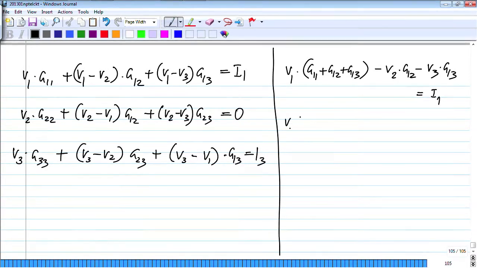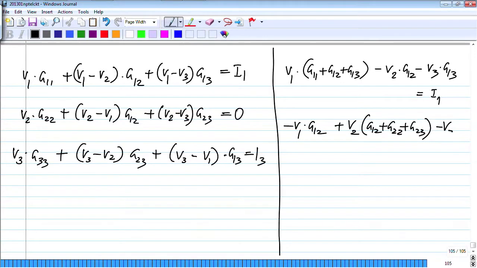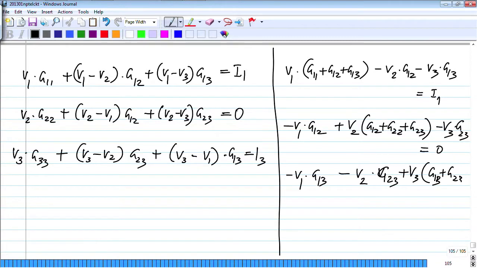Then V2, here I will again write the variables in the same order, minus V1 times G12 plus V2 times G12 plus G22 plus G23 minus V3 times G23 equals 0, and finally for the last one, minus V1 G13 minus V2 G23 plus V3 times G13 plus G23 plus G33 equals I3.